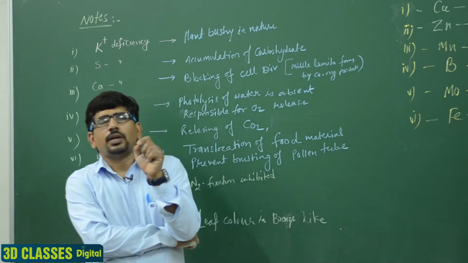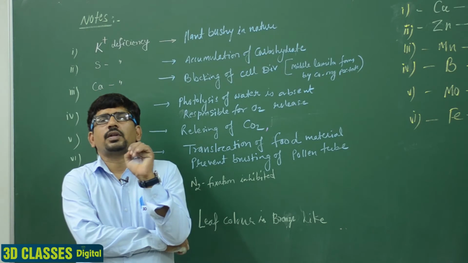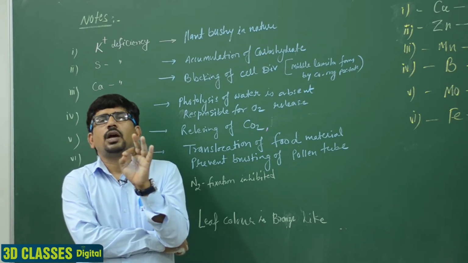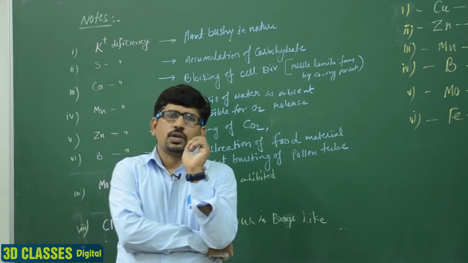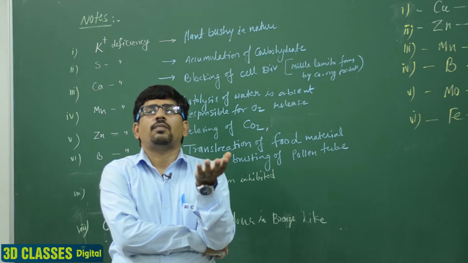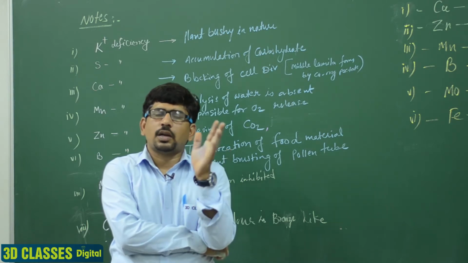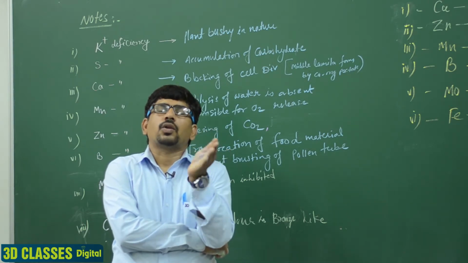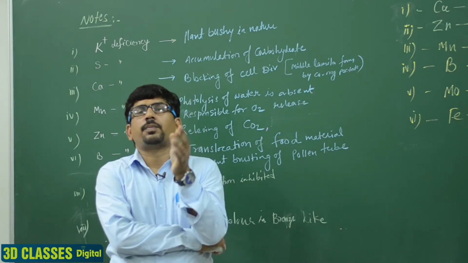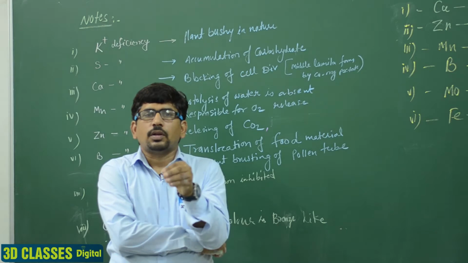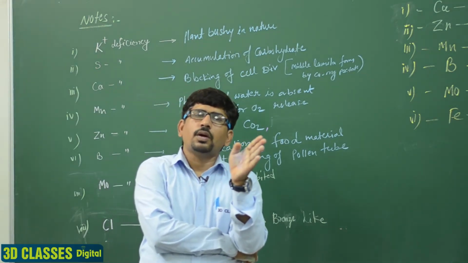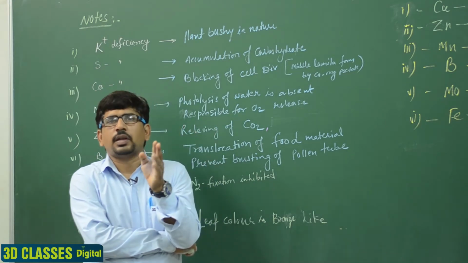A table of the essential elements is given, and due to deficiency, which types of diseases are caused, which symptoms arise on the plant morphology, and the role of the particular element in the plant are discussed. That is tabulated in the module, in table form, and in paragraph form in your NCERT book.